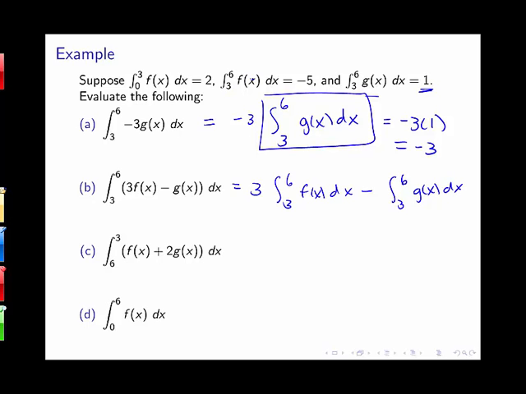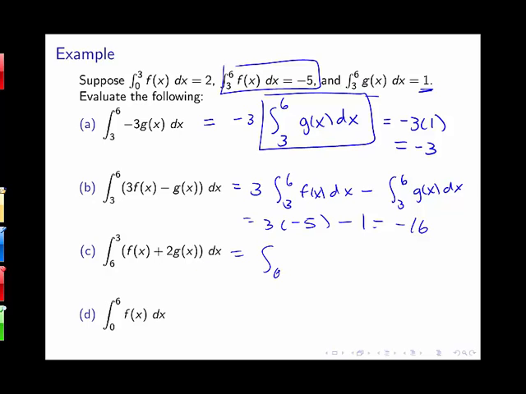The integral from 3 to 6 of my function f is negative 5, so this becomes 3 times negative 5, and the integral from 3 to 6 of g is 1. So I have negative 15 minus 1, or negative 16. I can do a similar thing with this piece, but then I'm going to have to do one more step.